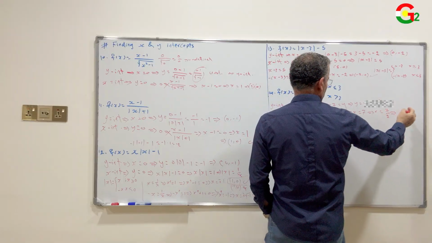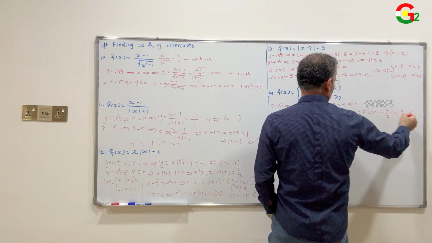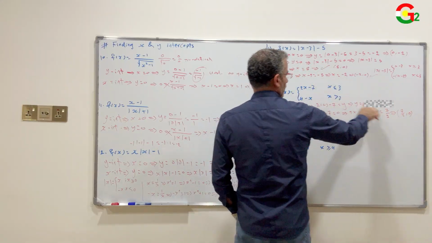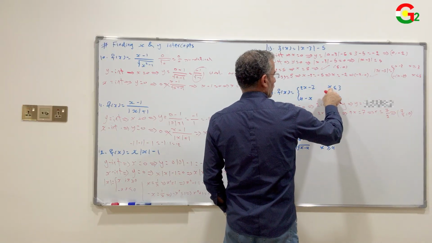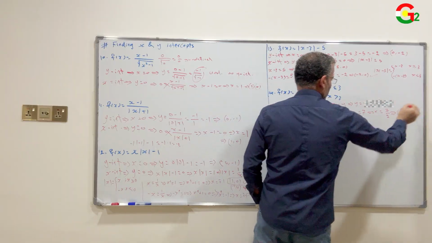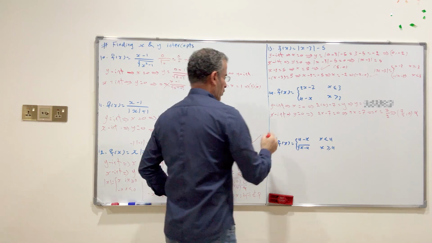Then the possible x-intercept point is (7/2, 0). But 7 over 2 is greater than 3, and here x should be less than 3, so this point is not an x-intercept point.